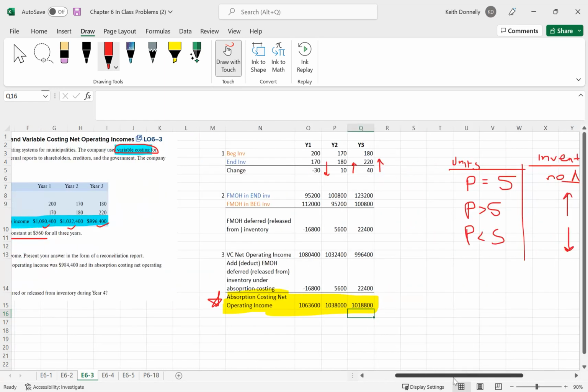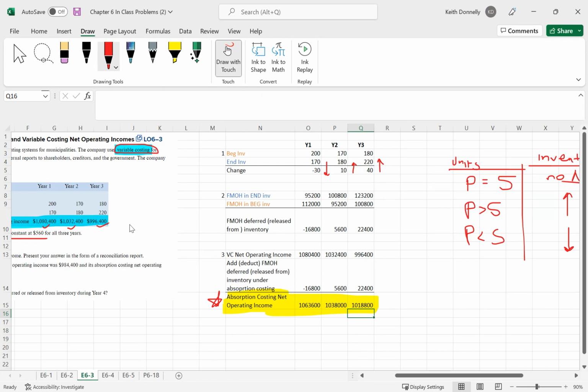Next, in this case, we looked at year 2, year 3. But first thing is we figured out a per unit change here in inventory level. Did it go down? Did it go up? Then we quantified our fixed manufacturing overhead in our ending and beginning inventory times that amount. That told us how much we deferred or we released under the system.